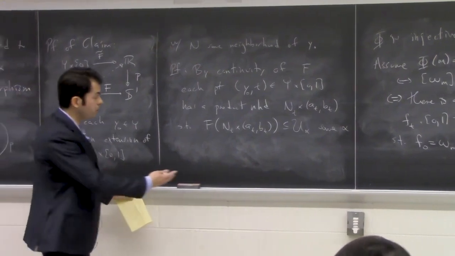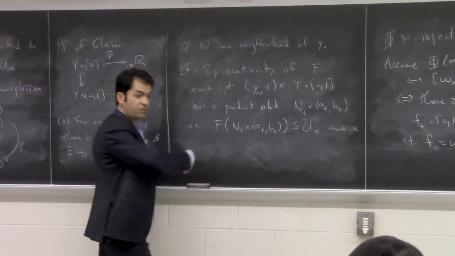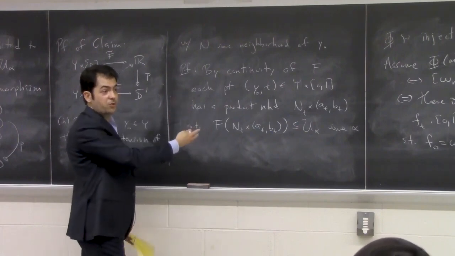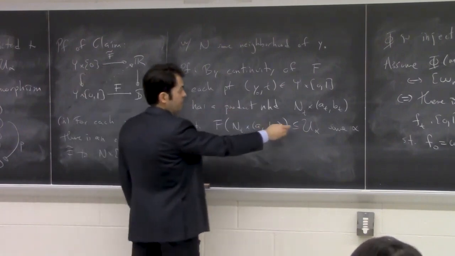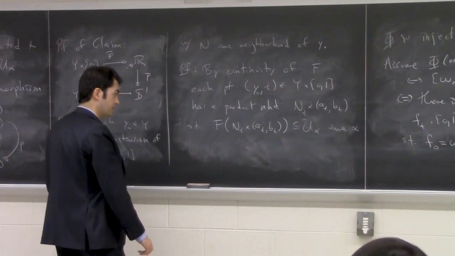Right? So by continuity, the inverse image of this is some open set. By definition of the product topology, you can pick an open subset of product type.